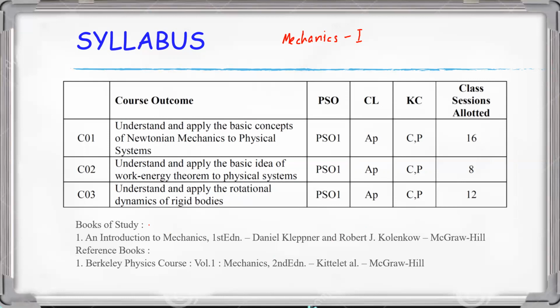The textbook mentioned for the syllabus is by Daniel Kleppner. The title of the book is An Introduction to Mechanics, first edition.